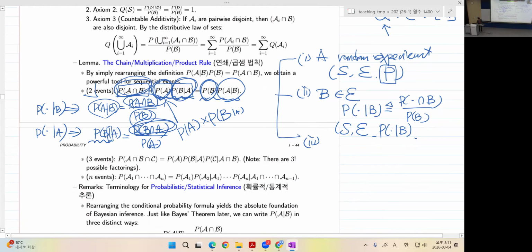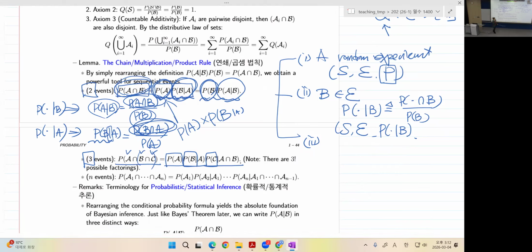Now, you have n equals 2, then we may have n equals 3. And this is not that difficult. You just put parentheses and apply the case with 2 again and again, and you will have what? If we just select in this order, you have the joint probability of A, B, and C events is probability of A times probability of B given A, and probability of C given A and B. Now, is this the only expression?